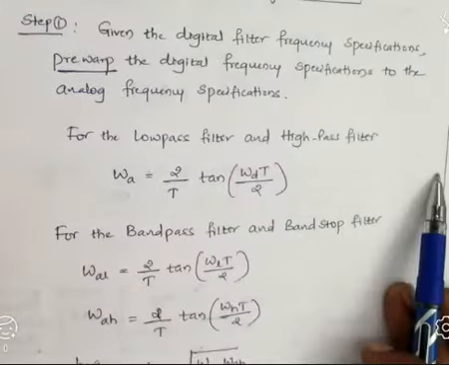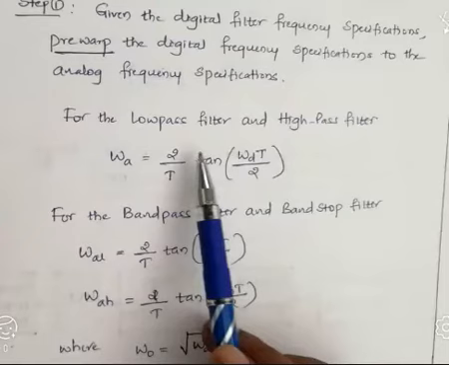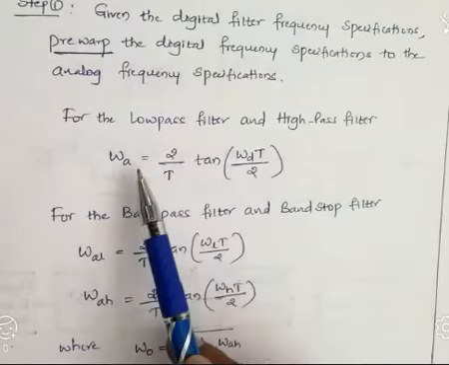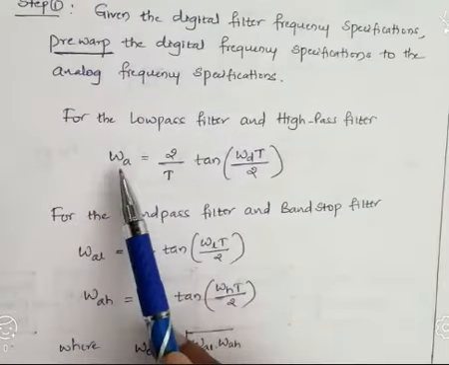So how to pre-warp? We have the formula. If the given filter is a digital low pass filter, then we convert it to an analog low pass filter by using the formula omega A equal to 2 by T tan of omega D T divided by 2.